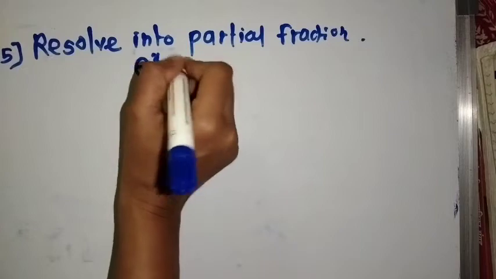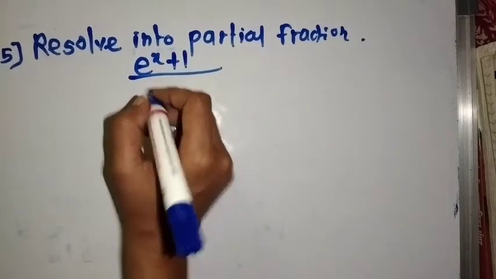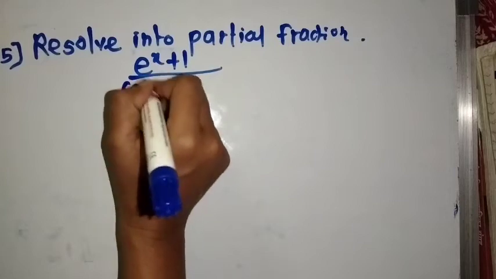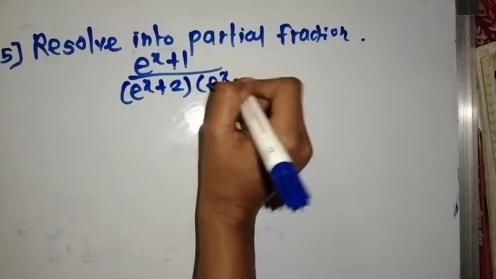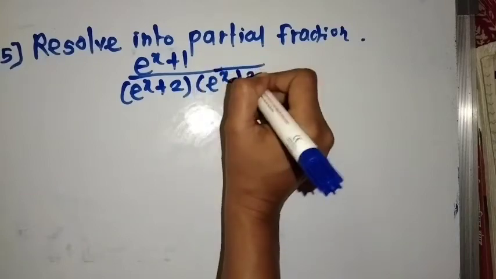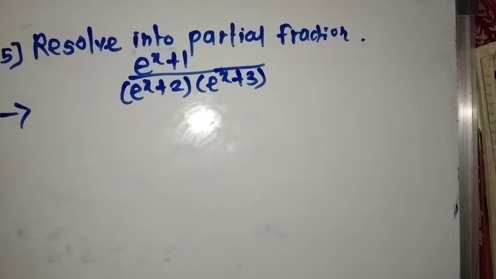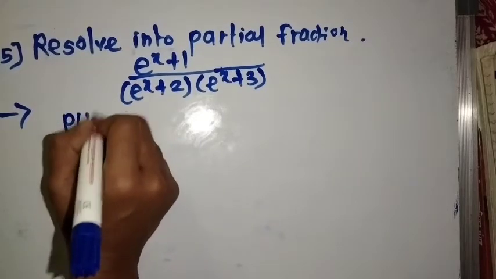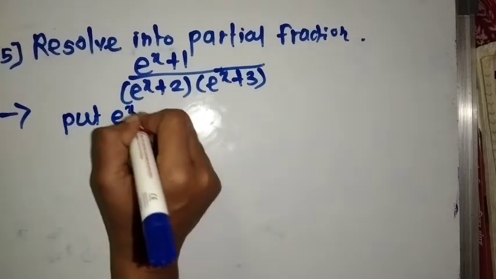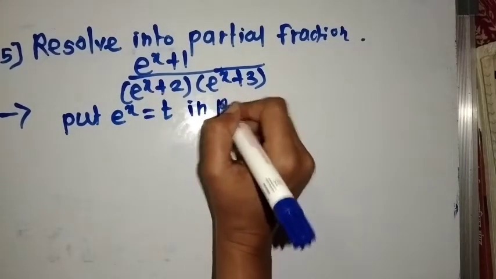e raised to x plus 1 upon e raised to x plus 2, e raised to x plus 3. Then first put e raised to x is equal to t in partial fraction.